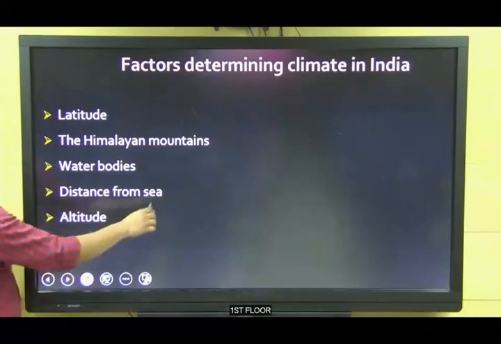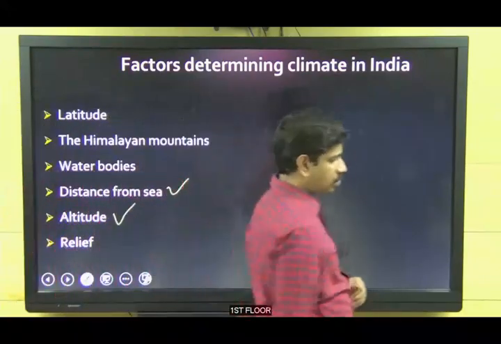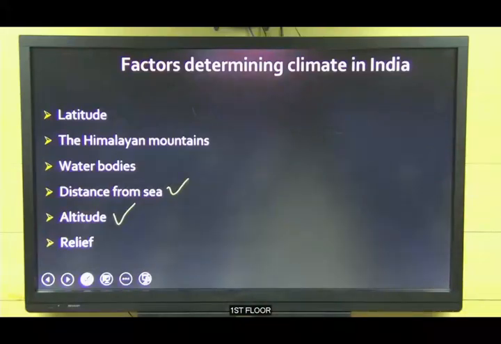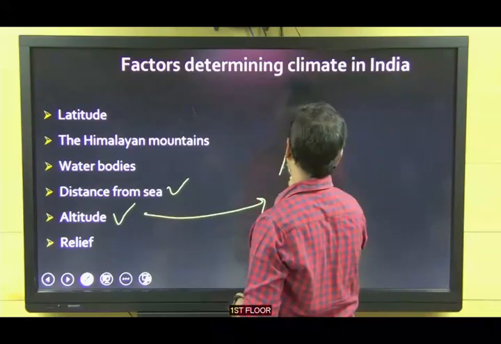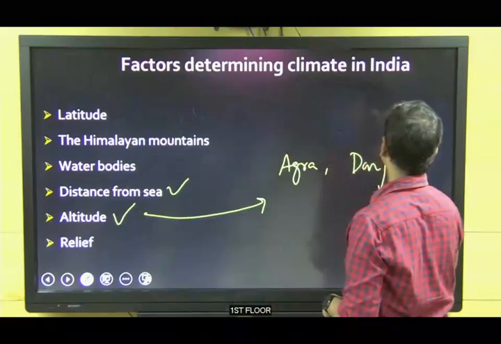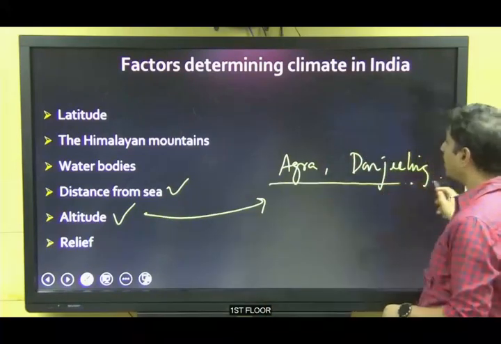That is distance from sea. Then altitude, that also causes difference in the climate of a particular region. For example, Agra and Darjeeling are in the same latitude.